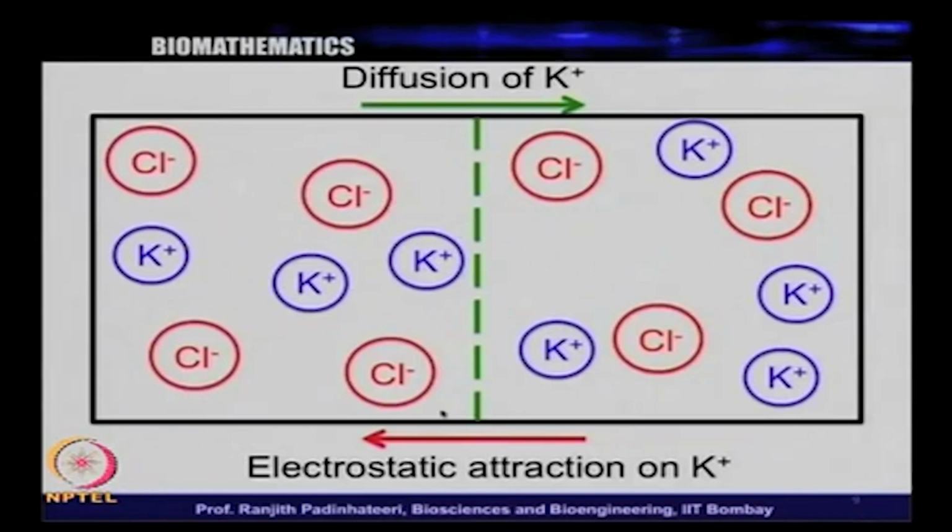When the sum of the total flows along this membrane is 0, you have equilibrium. That means the flow in this way balances the flow in this way.